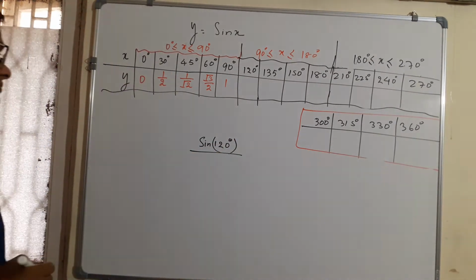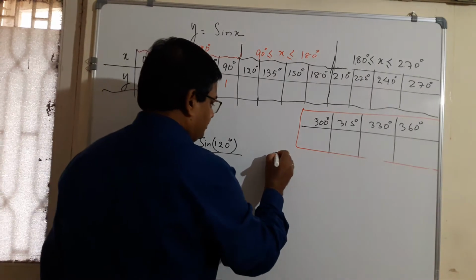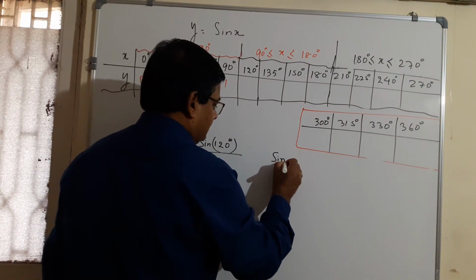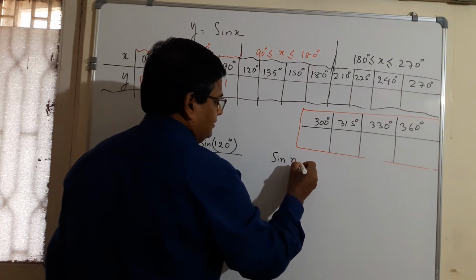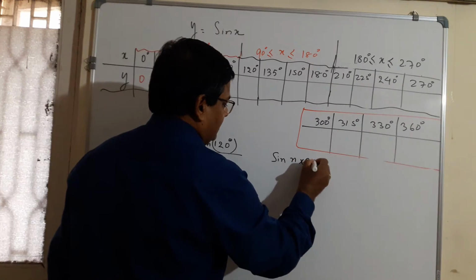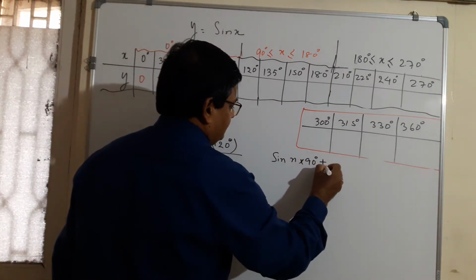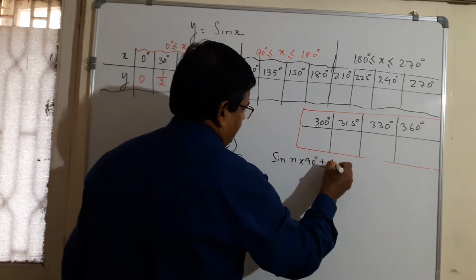How will you find it out? Here I am going to discuss one formula. Sin of n multiplied by 90 degree plus or minus theta.